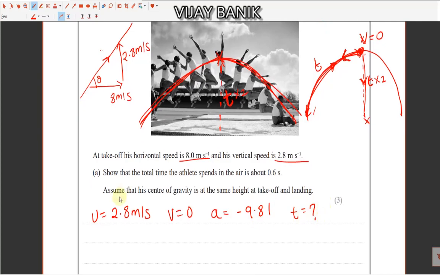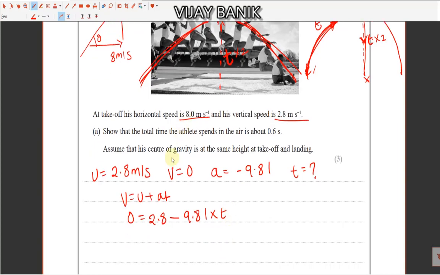Which formula? v equals u plus at. v is 0, u is 2.8, minus 9.81 into time, which is the unknown. Bring this to the other side: minus 2.8 divided by minus 9.81 is equal to time. Let's see in the calculation. 2.8 divided by 9.81, the minus gets cancelled.